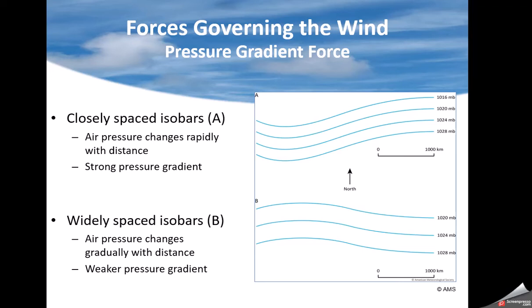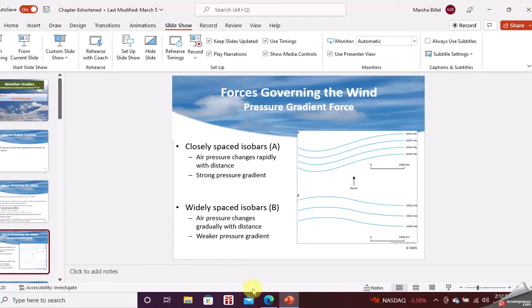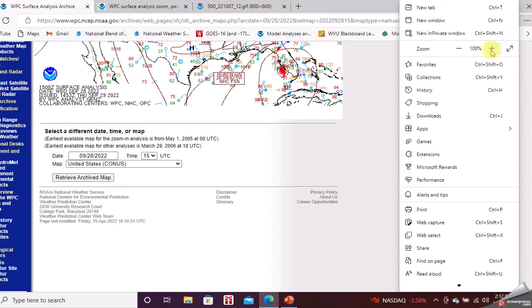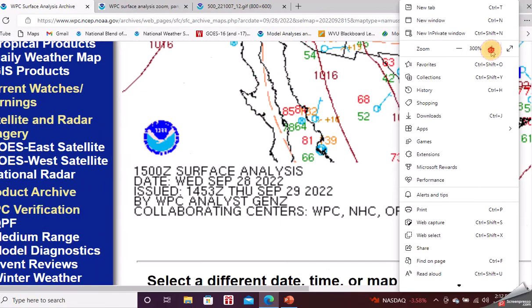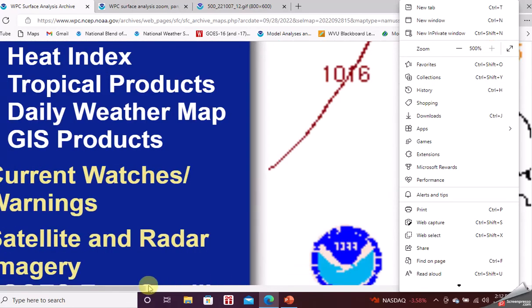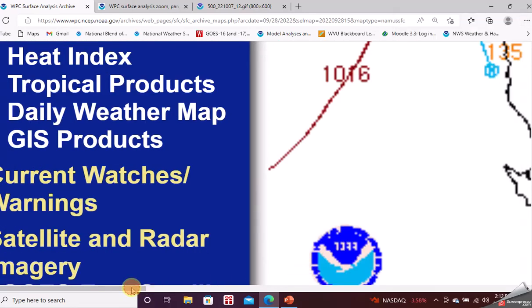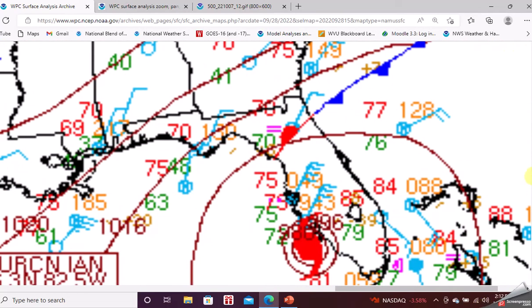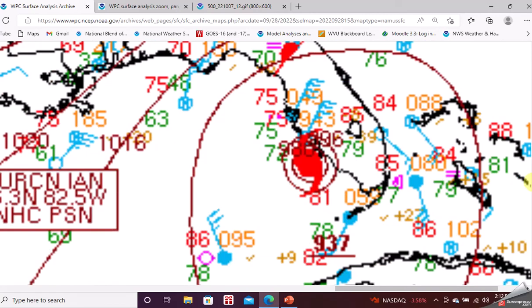So let's look at that just for a second. I really want to show you something here with Ian. There's Ian. I am going to blow this up a lot. All right, so I just went crazy here, but I wanted you to see Ian and the pressure gradient it has. This outer one here is 1,012.